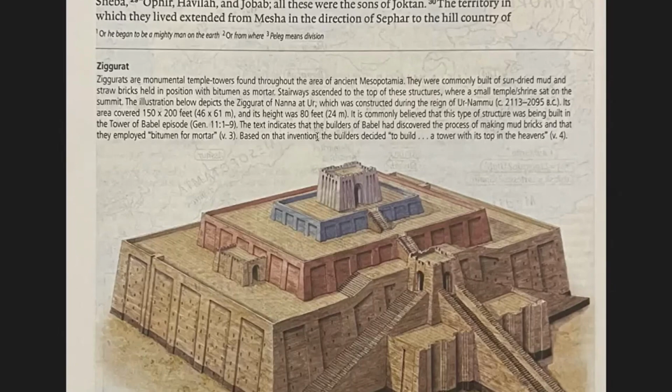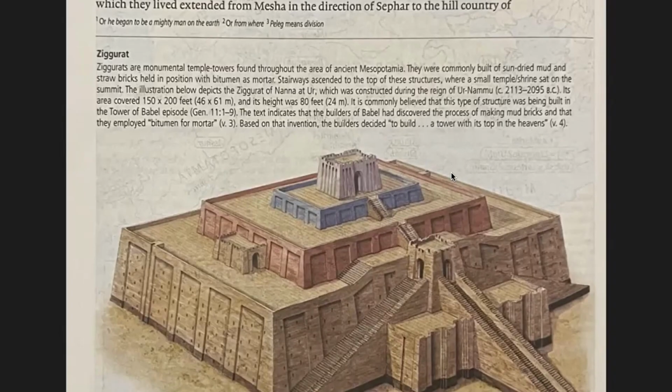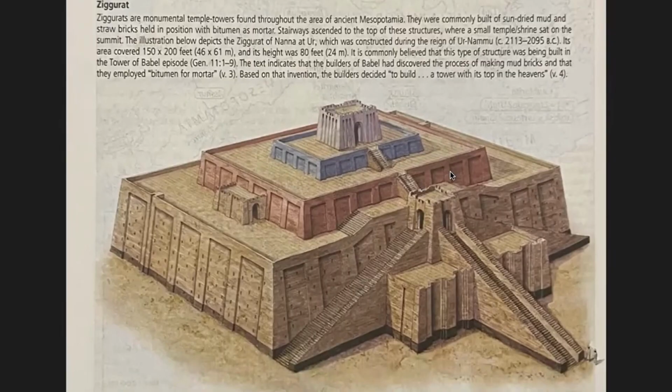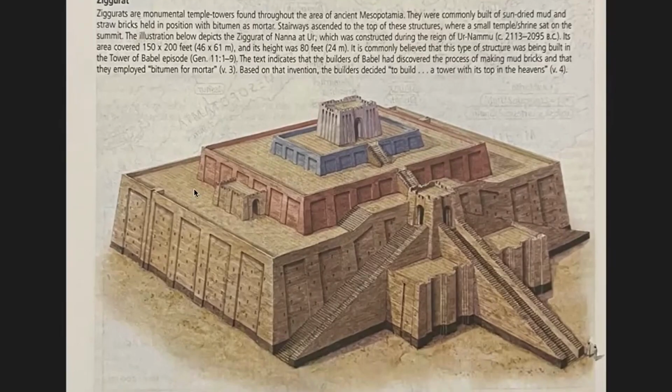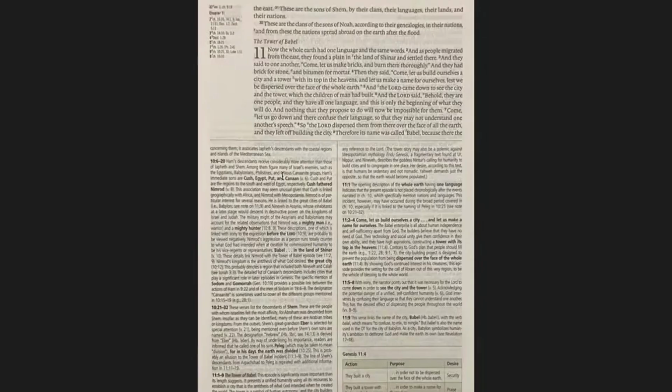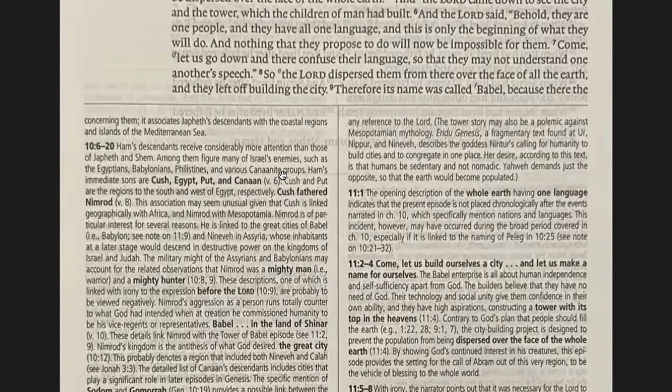Based on that invention, the builders decided to build a tower with its top in the heavens, verse 4. All right, so they're saying that this is probably what the structure of the Tower of Babel looked like, a ziggurat. All right, headed back to chapter 10.